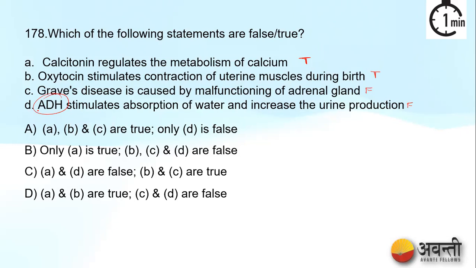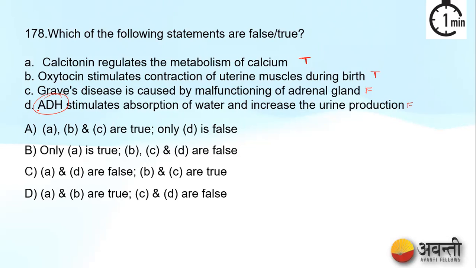Vasoconstrictor means it does not allow a sufficient amount of blood to pass through your kidney. As more blood passes through your kidney, more water has to be removed, right? If your body is dehydrating, if your body should retain water, then the blood vessels are constricted so that less blood supply reaches your kidneys, and less water is excreted out of your system.